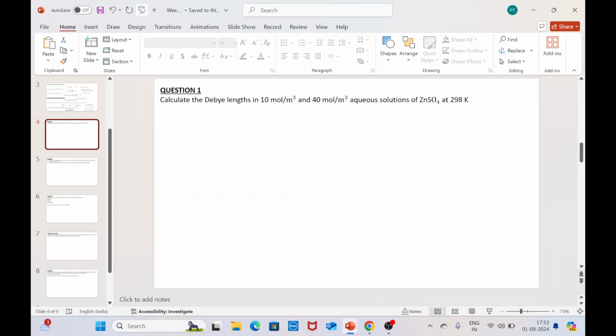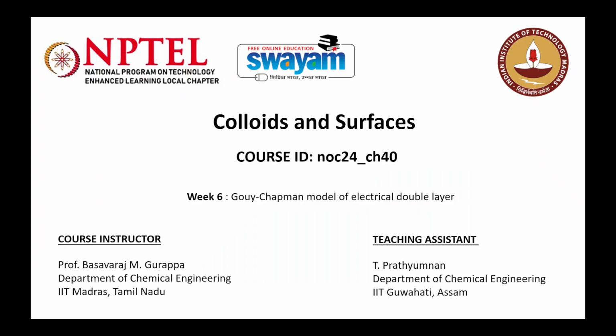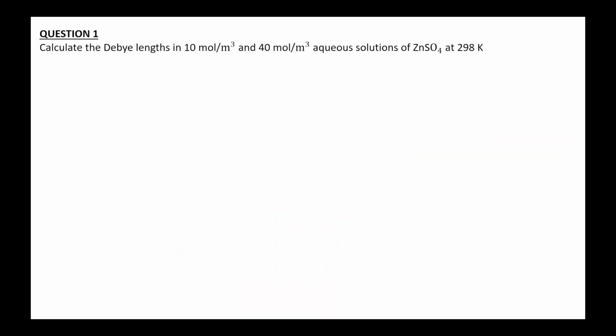The first question is: calculate the Debye lengths in 10 mole per meter cube and 40 mole per meter cube aqueous solution of zinc sulfate, ZnSO4, at 298 Kelvin. It's a very simple question which we are going to start with. They are just asking us to calculate the Debye length.